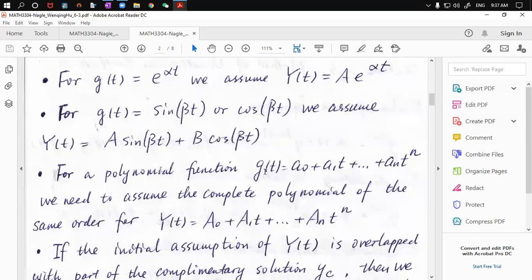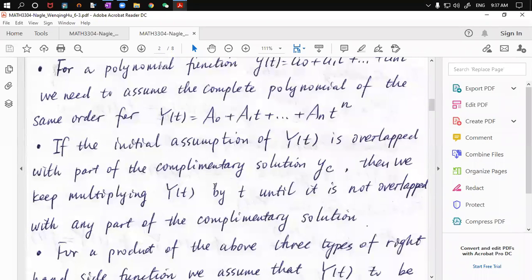Now, if you have a polynomial function of order n, then you should try a polynomial function of the same order. That's the key idea: for polynomial functions, you should always try polynomial functions of the same order. And then the last scenario is that if the initial assumption of capital Y of t overlaps with part of the complementary solution, this is another place where you have the golden principle.